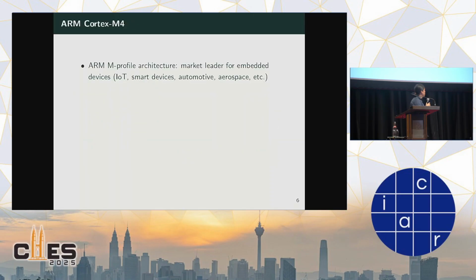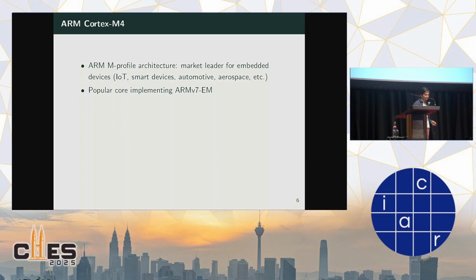All right, so if you remember the title of this talk, we have the ARM Cortex-M4 keyword in there, so I will quickly go through what the Cortex-M4 is. The Cortex-M4 corresponds to a type of processors following the M-profile architecture by ARM. This is nothing but the market leader for embedded devices, and you can find them in things like IoT, smart devices, aerospace, many places.